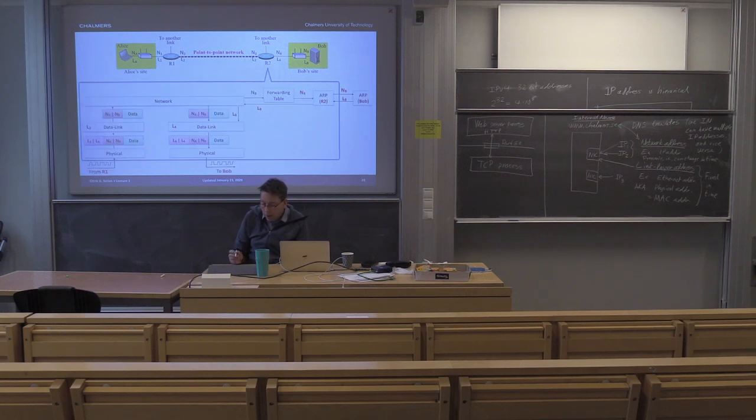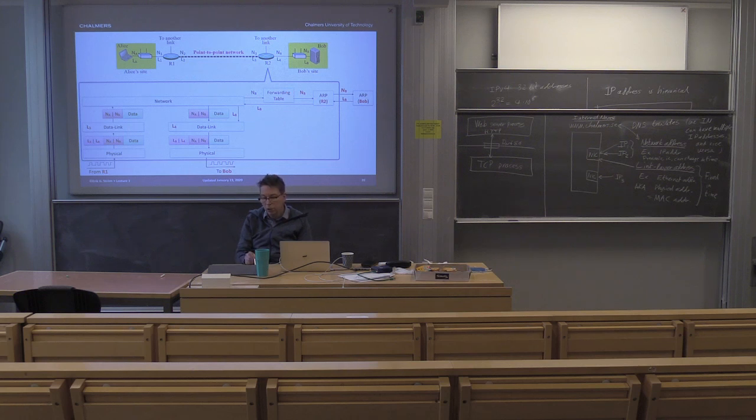Some comments here. If you look at what is actually here, what goes up and down from the network layer, it's exactly the same packet always. Right? It doesn't change as it goes from one end to the other end. The only thing that changes is the corresponding link layer addresses. And these link layer addresses we get from the forwarding table.